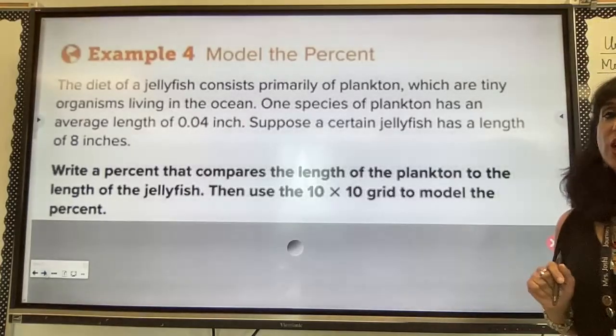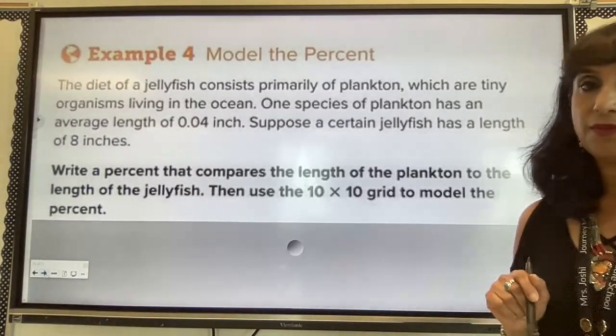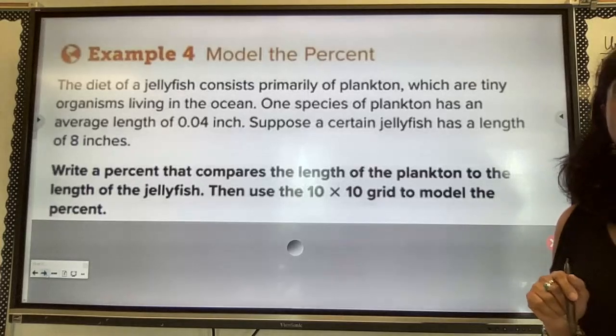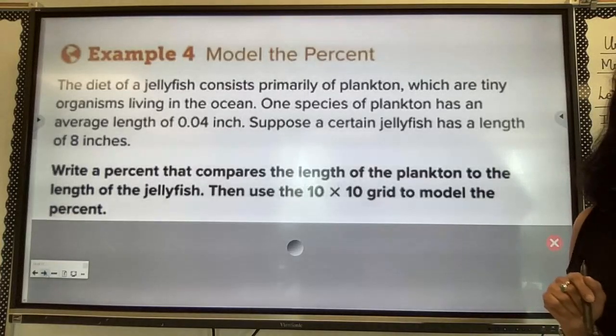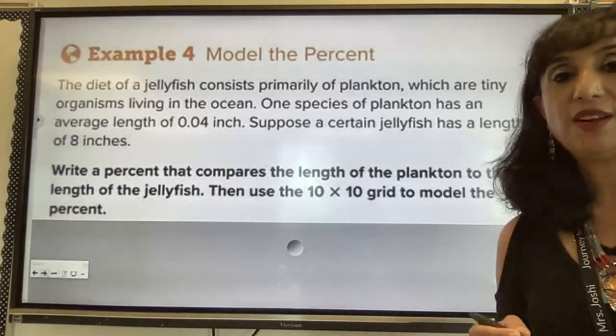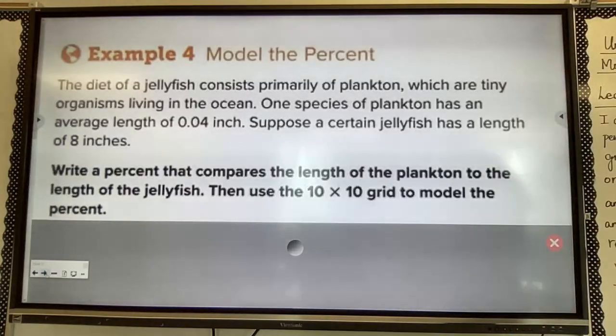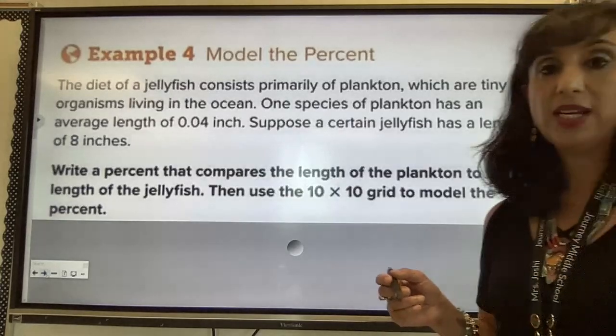Suppose a certain jellyfish has a length of 8 inches. We are going to write a percent that compares the length of the plankton to the length of the jellyfish. Then we are going to use the 10 by 10 grid to model the percent. So first, we are going to create an equivalent ratio comparing 400 inches to 8 inches.